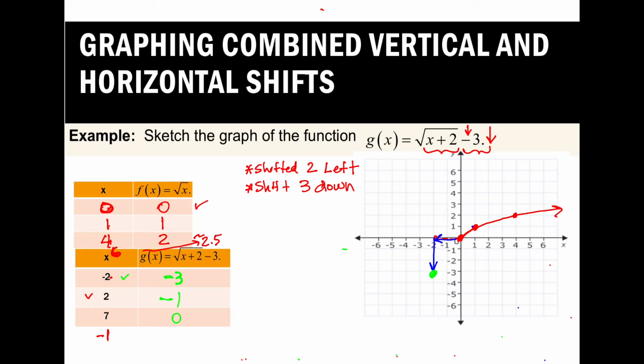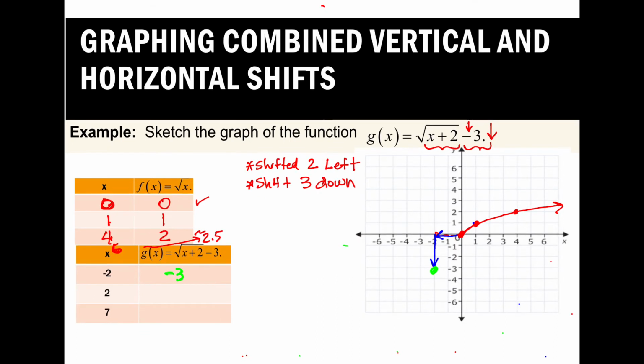And we can actually see that over here. When we do the substitution, g of -2 gives me the square root of -2 plus 2, minus 3. Well, -2 plus 2 becomes 0, and 0 minus 3 is -3. So our suspicion is correct. That's going to be my new starting point.